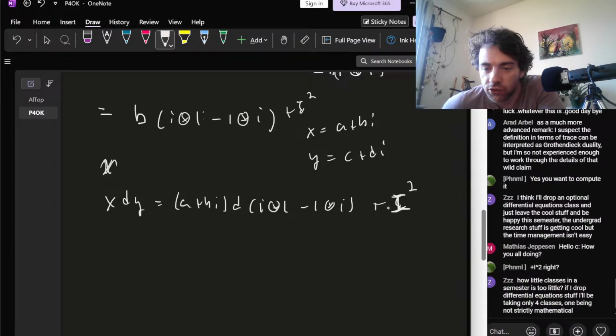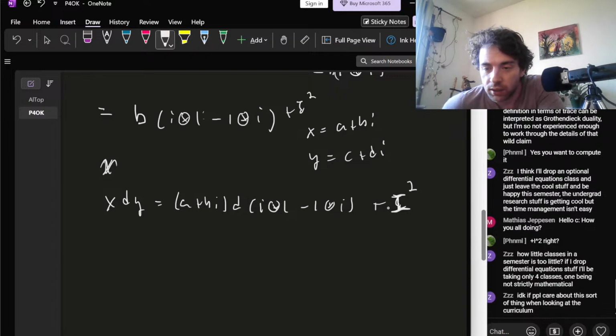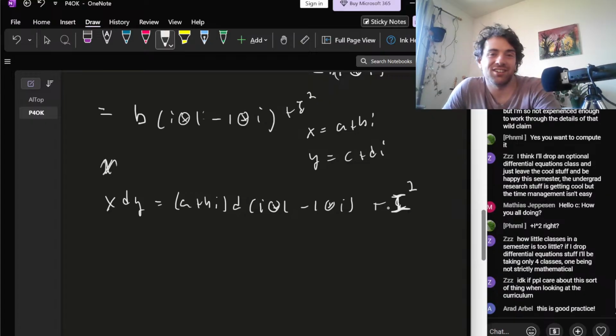How little classes in a semester is too little? Good question. If you drop differential equations, I mean that changes, right? If it's year 1, less than 5 is too little. If it's year 4, I mean 3 math courses is a lot.